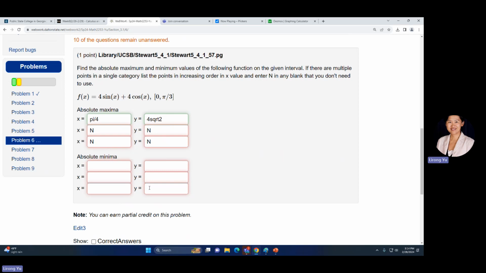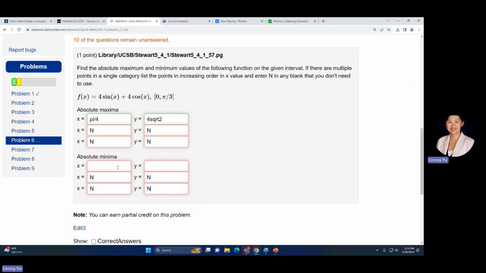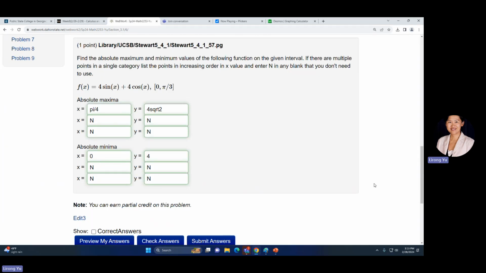And the minimum happened at 0. This is 0 and this is 4, and at least on my version of it, that's all of the solution.